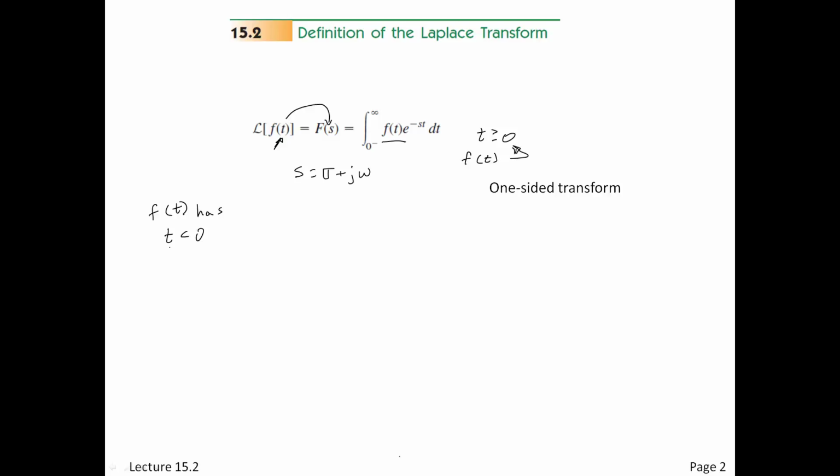In that case, we can always apply the unit step function, u of t, which remember is equal to 1 for t greater than or equal to 0, and the step function is 0 when t is less than 0. So it's nice to have that. That's what we've got. And this would be the full Laplace transform called the two-sided transform.